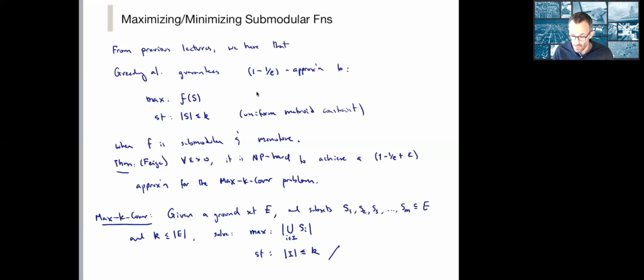So there are lots of things we could ask about. This theorem says that we can't improve on greedy. So we can't think about another polynomial time algorithm that is going to guarantee a better than 1 minus 1 over e approximation. But we could ask about maximizing submodular functions, possibly with removing some of the assumptions. What we're going to turn to next is generalizing the Matroid constraint. So rather than having it be a uniform Matroid, we can ask, what if we want I to belong to a general Matroid?